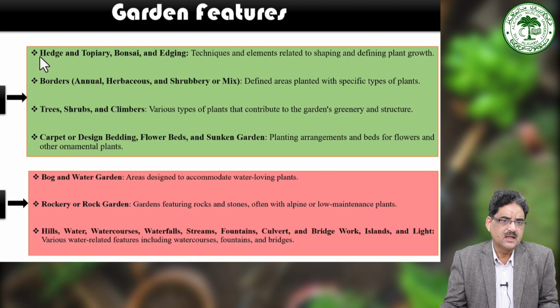It includes the hedges and topiary, bonsai, and edging, and also the borders, that is annual, herbaceous, and shrubbery, and mixed. The next ones are trees, shrubs, and climbers. Then we have the carpet or design bedding, flower beds, and sunken gardens.